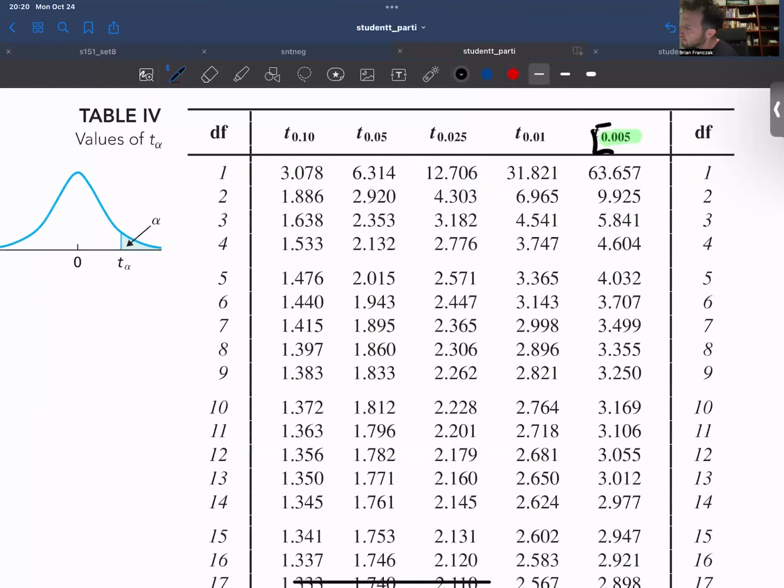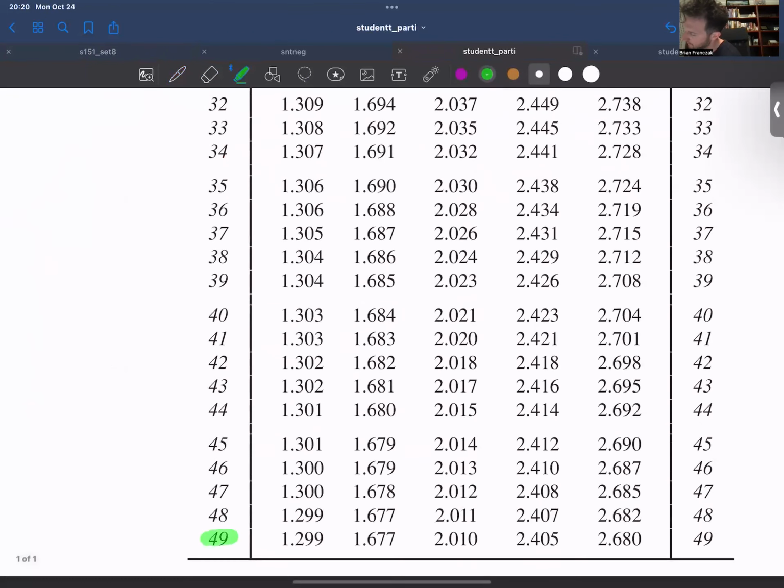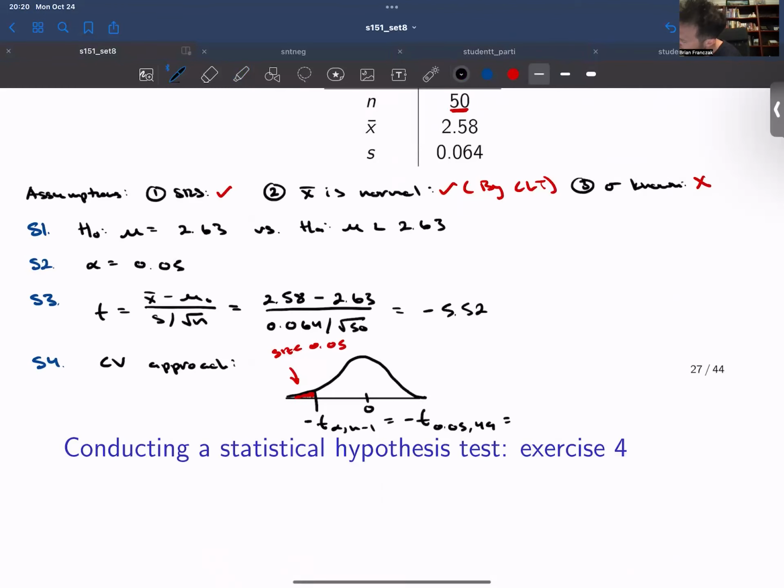So we go to our student t table. We have 0.05, 49. So our critical value is 1.677, right? This is negative because we're on the negative side of 0, so we just write negative 1.677.